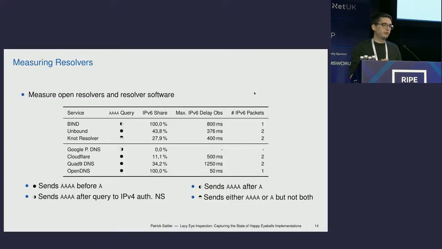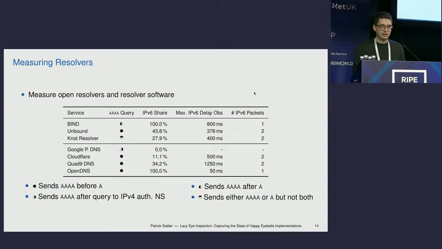We assume for future queries into this zone to be able to use IPv6 then, but it will never use IPv6 if it's uncached.